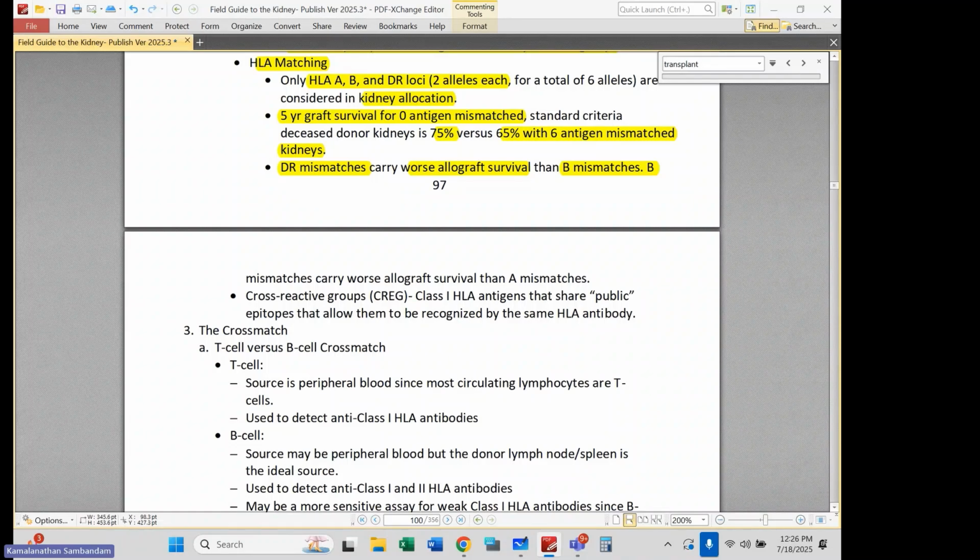So if I'm waiting 3.5 years, I have 3.5 points, okay? And if I also am matching a prospective donor at DR, I temporarily get extra points, okay? Because it turns out that DR affects outcomes.